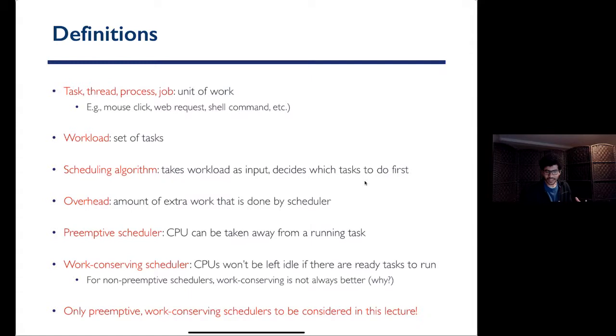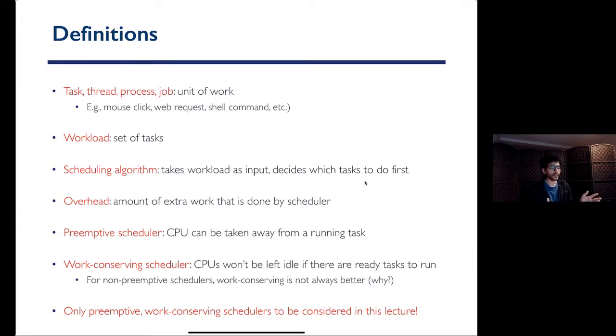So in these schedulers, you get the highest utilization because your CPU is always doing work, right? You're never going to leave your CPU idle. In non-work conserving schedulers, you might want to keep the CPU idle for some reason.